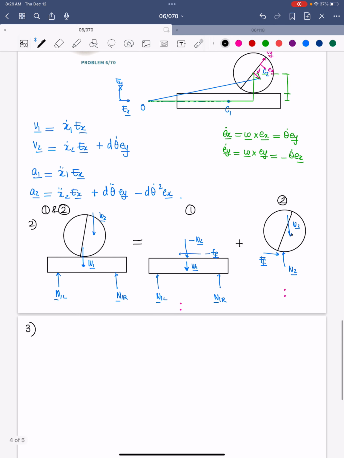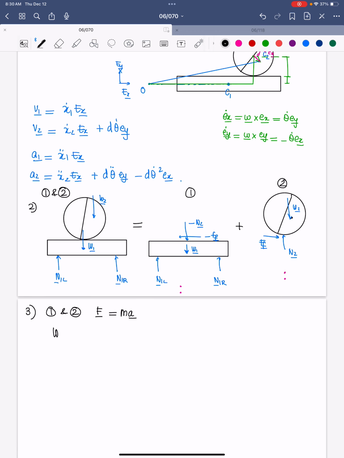Okay, so for system 1 and 2, we can do F equals ma to get W2 plus W1 plus N1L plus N2L, N1R, is equal to the mass times acceleration.